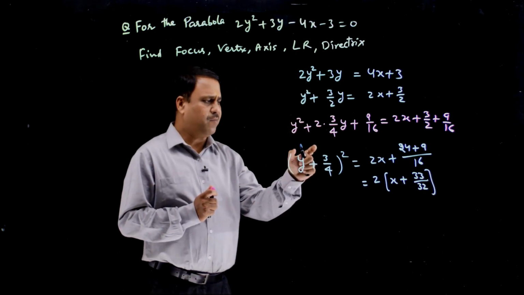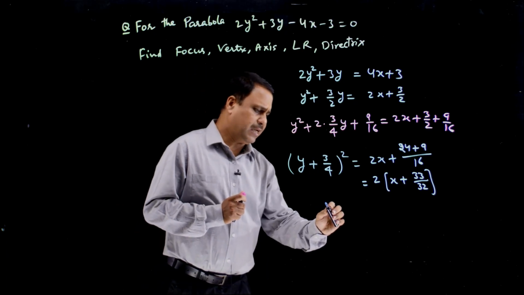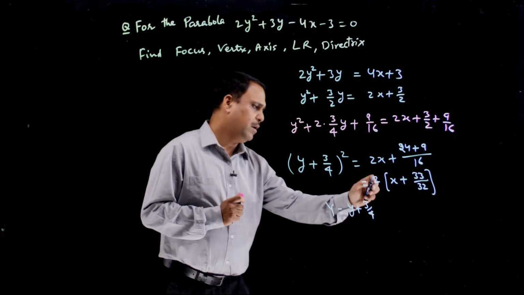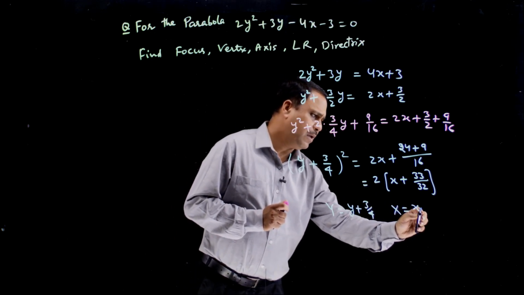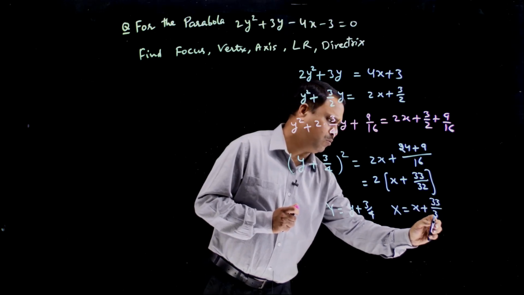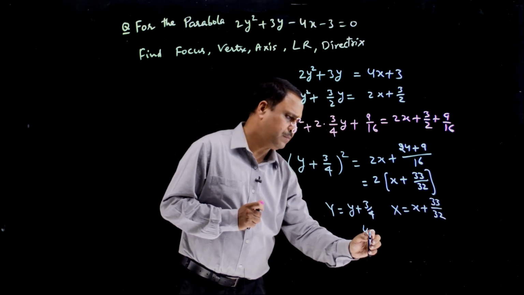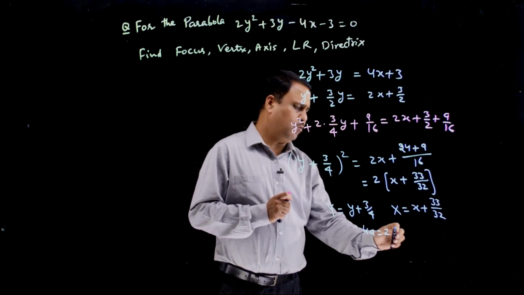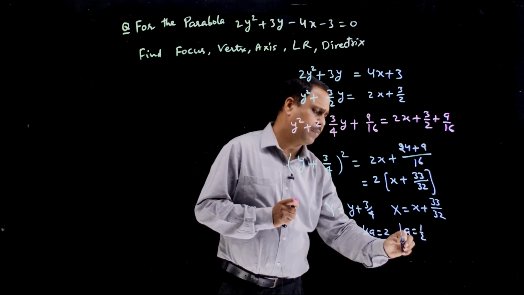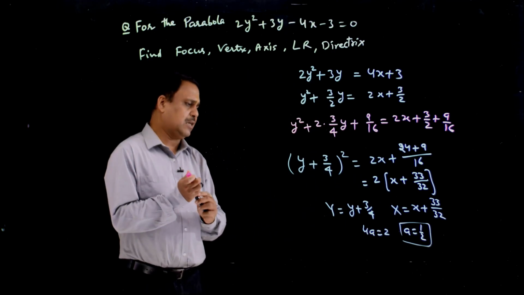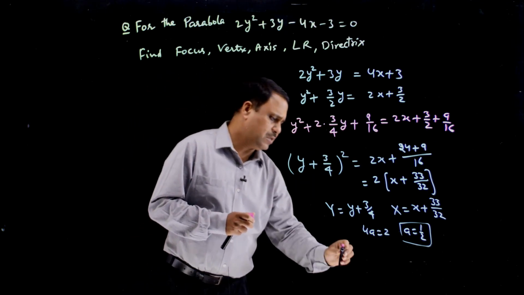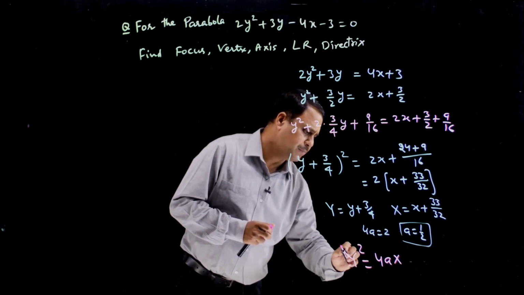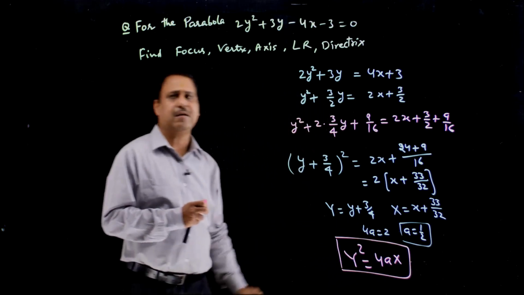If you observe, this is in the form of Y² = 4aX. If I take capital Y = y + 3/4 and capital X = x + 33/32, and 4a = 2, that means a = 1/2. Then my parabola is converted into the standard form Y² = 4aX.